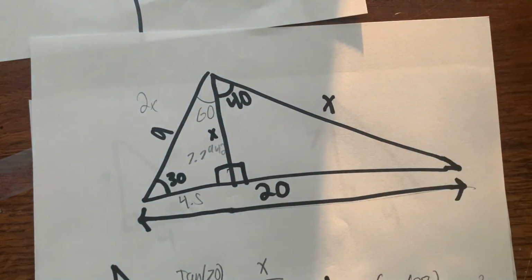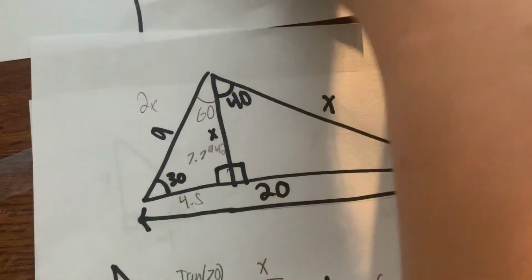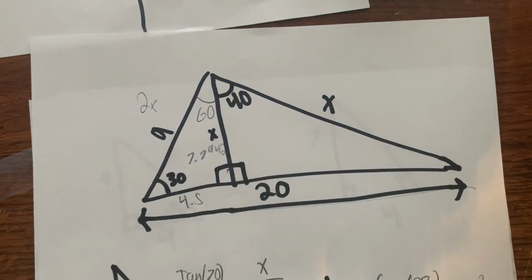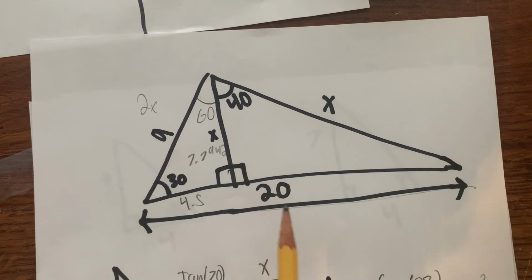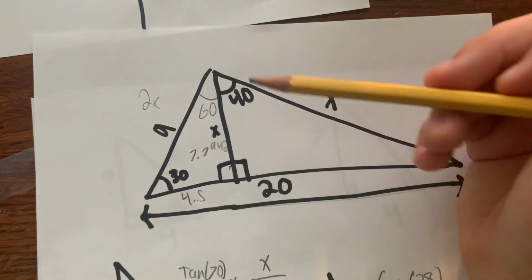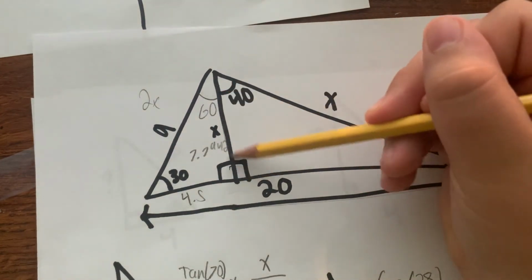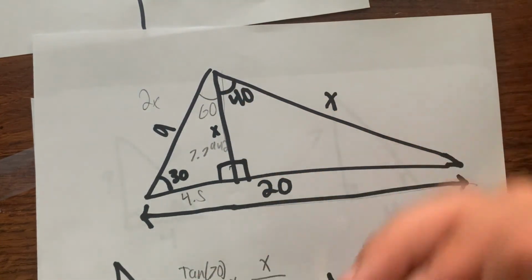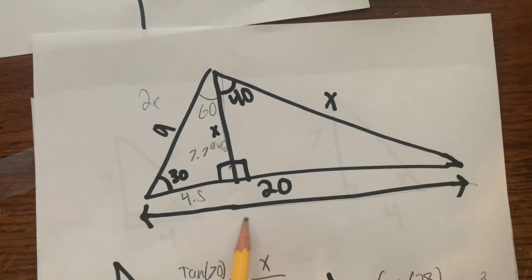Now it wants you to find out for this. Since this is a 40, there's no special way to find out stuff. You do have this length, because they share this length. It's an easy way to make something congruent.